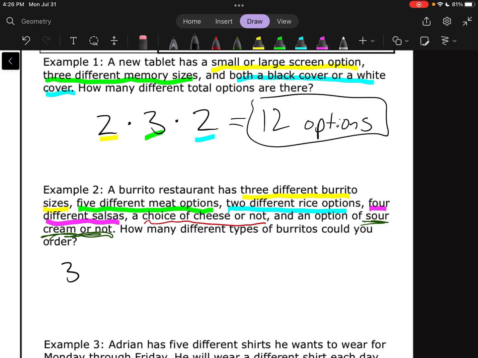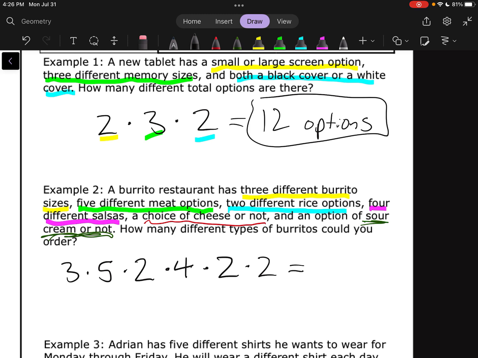Okay, well, we've got 3 sizes, 5 meat options, 2 rice options, 4 salsas, cheese or not, that's 2 different things, and sour cream or not. So I need to get all of those options and multiply them all together.